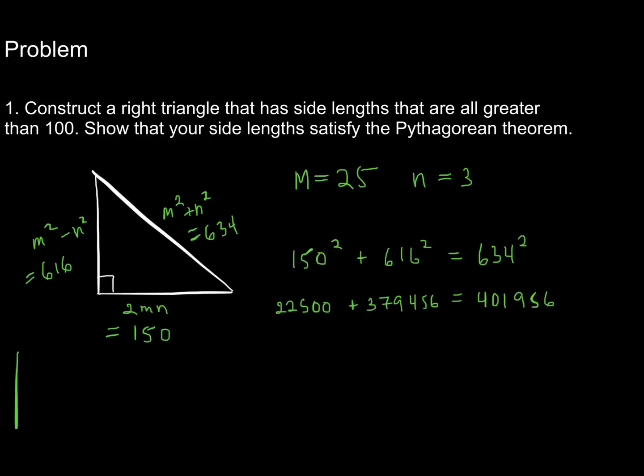And once I go ahead and calculate the squares for each of these numbers, I can see when I take 379,456 and I add 22,500, I'm going to end up with 401,956. And so the Pythagorean theorem proves that these quantities work as the side lengths of a right triangle.